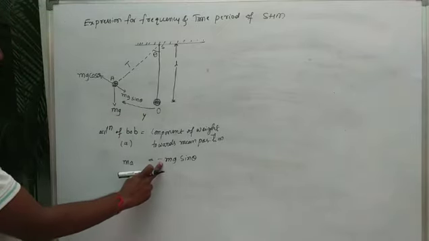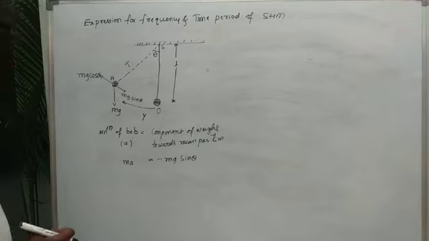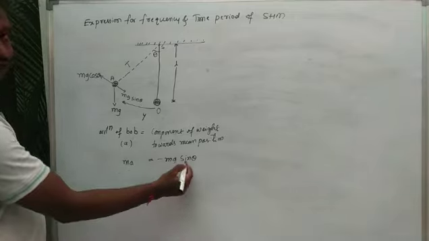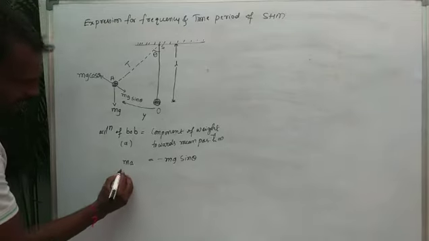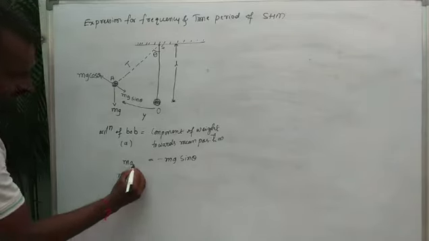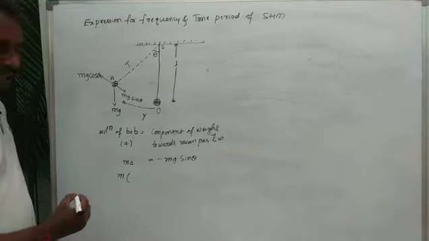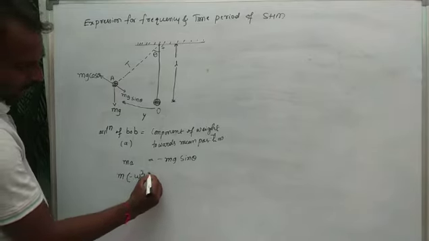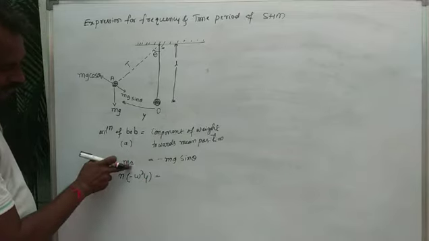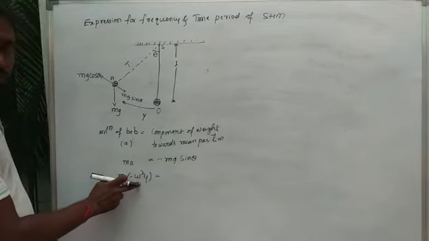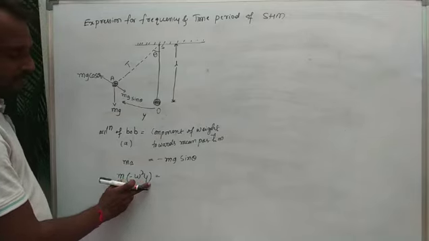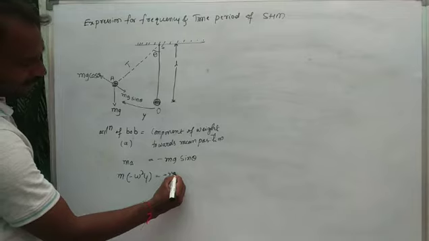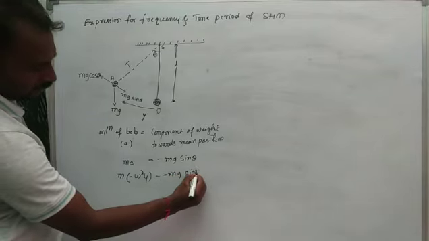So the force is equal to minus mg sin theta. Then m into a, and in place of a we write minus omega square y, because the acceleration of simple harmonic motion is minus omega square into y, and here it is minus mg sin theta.